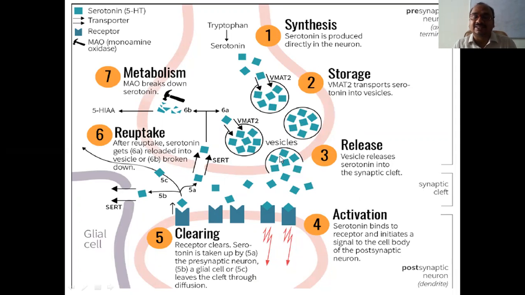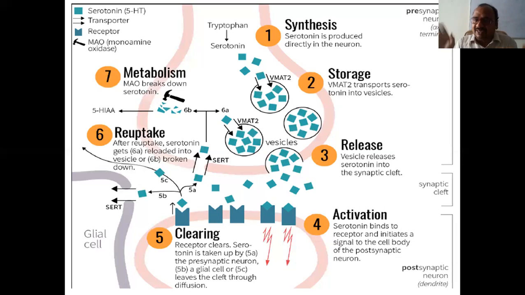Serotonin is released. Now the serotonin will go and attach to all these 5-HT serotonin receptors. All the receptors will get activated by the serotonin. Once the serotonin receptors get activated by the serotonin, there is depression and there is anxiety.